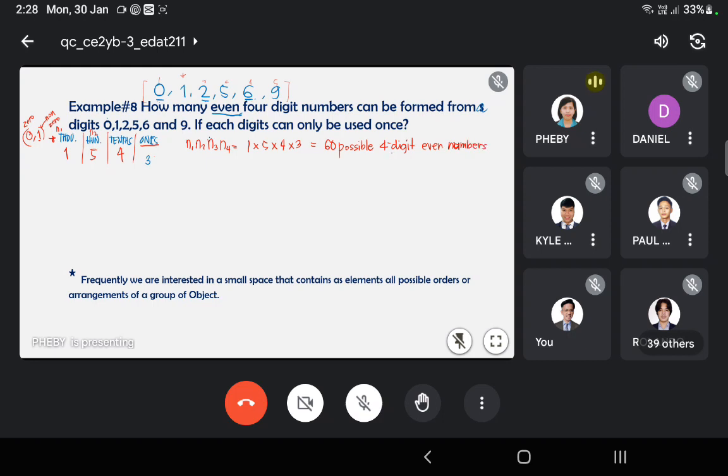Okay? So, 0 in the beginning or the 0 in the first digit, 0 cannot be placed on the first digit.